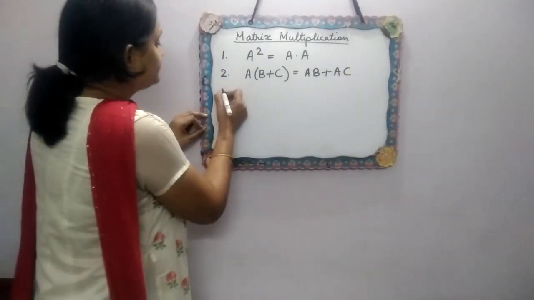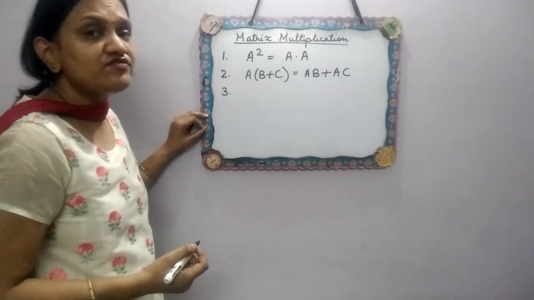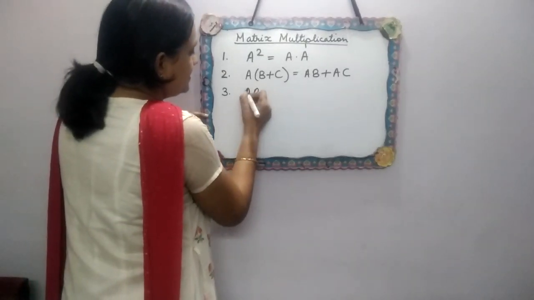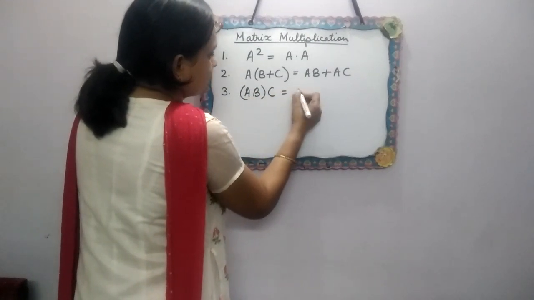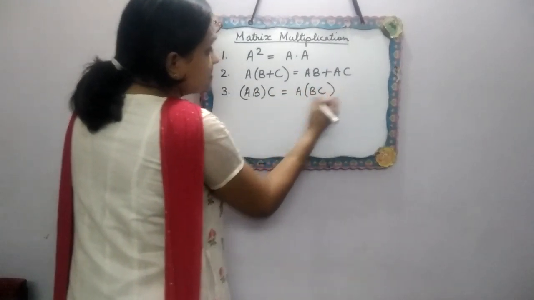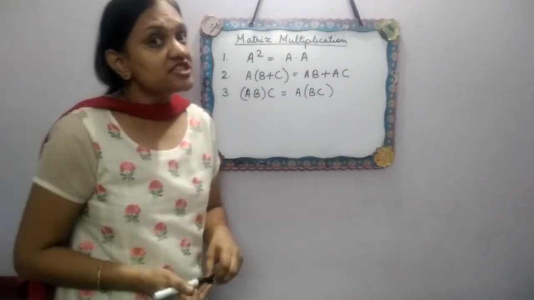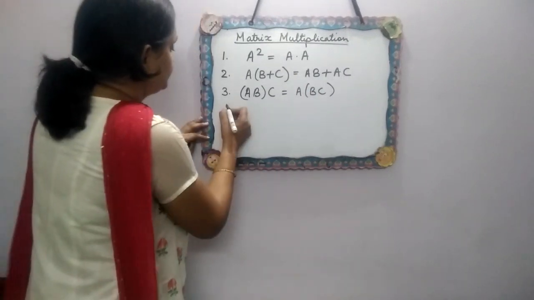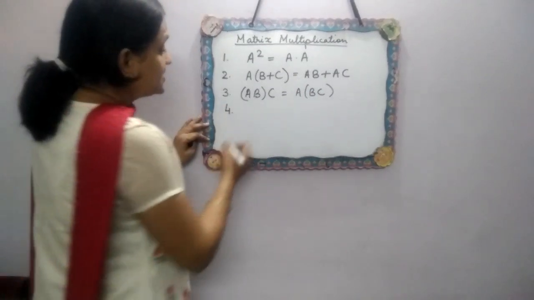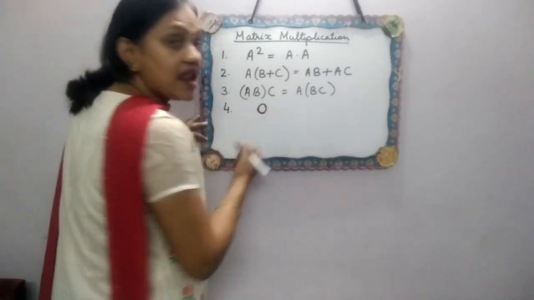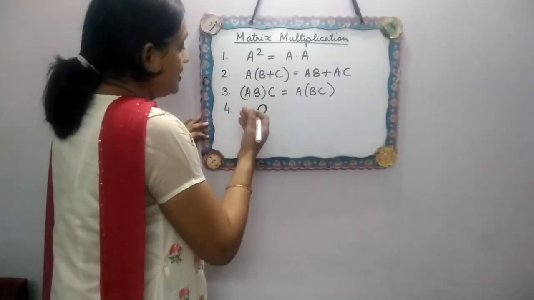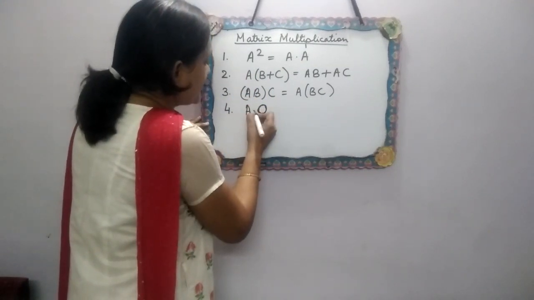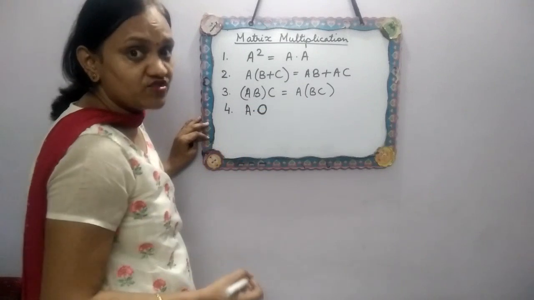Okay, now does the associative law apply over here for matrix multiplication? (AB) into C equals A into (BC). Yes, the associative law also applies for multiplication of matrices. What about the zero matrix, the null matrix, which is a square matrix of the same order as the square matrix A?